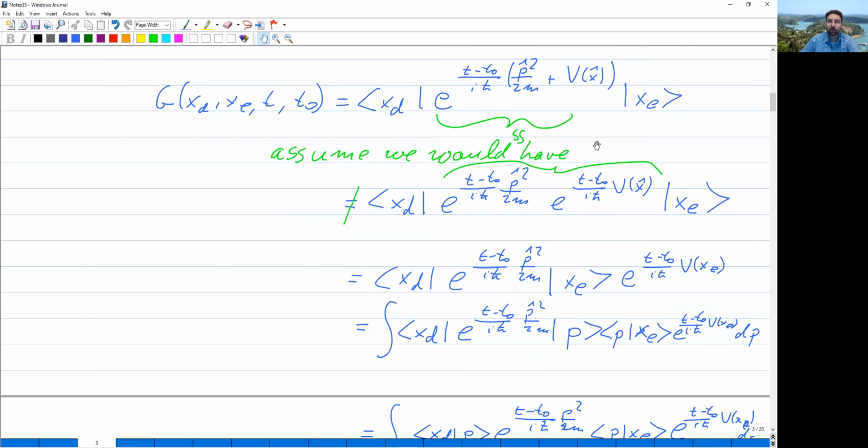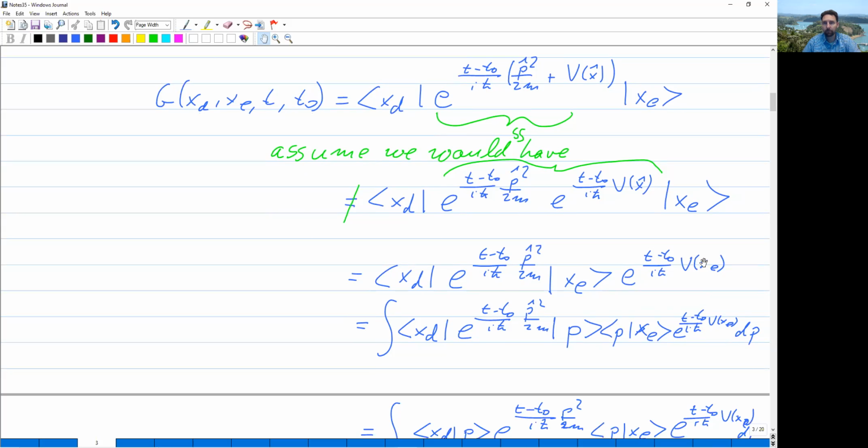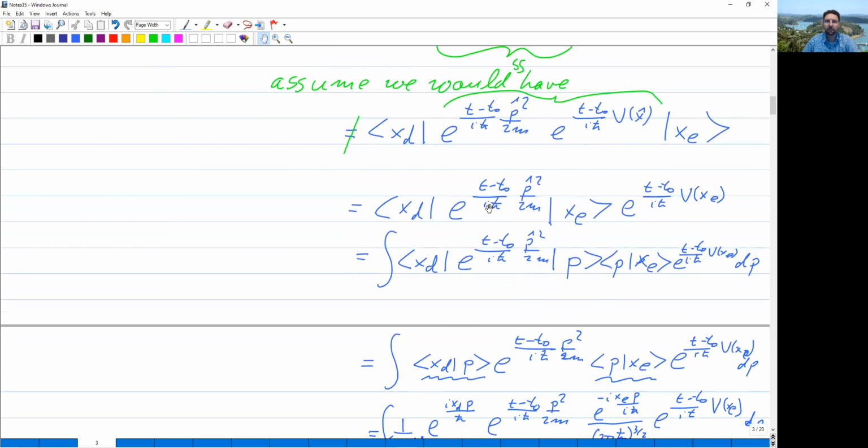We would first of all have this thing that only contains the position operator. So therefore the position operator in here just becomes eigenvalue times the identity. So we can pull this out. And then we are left with just this expression here.